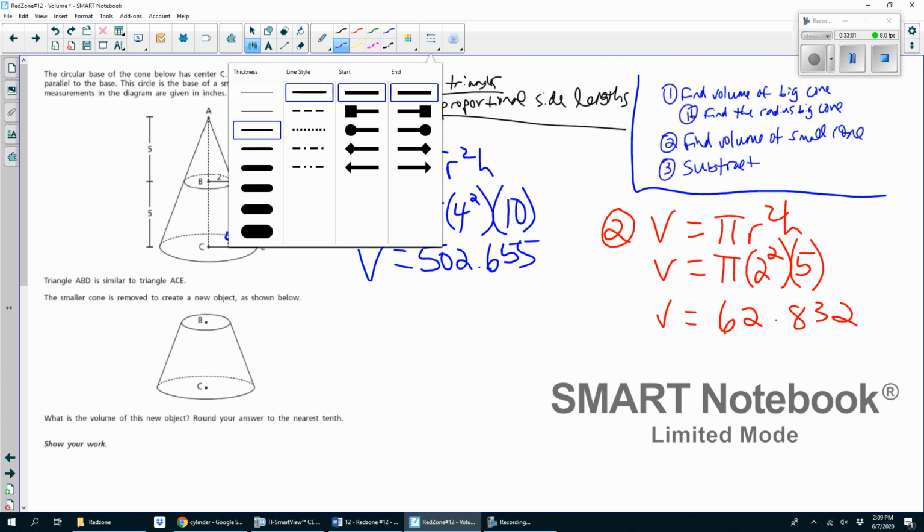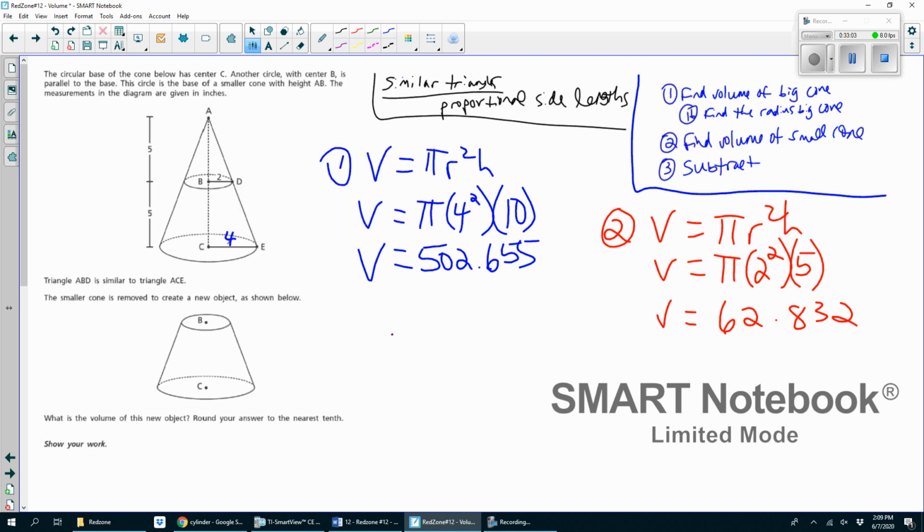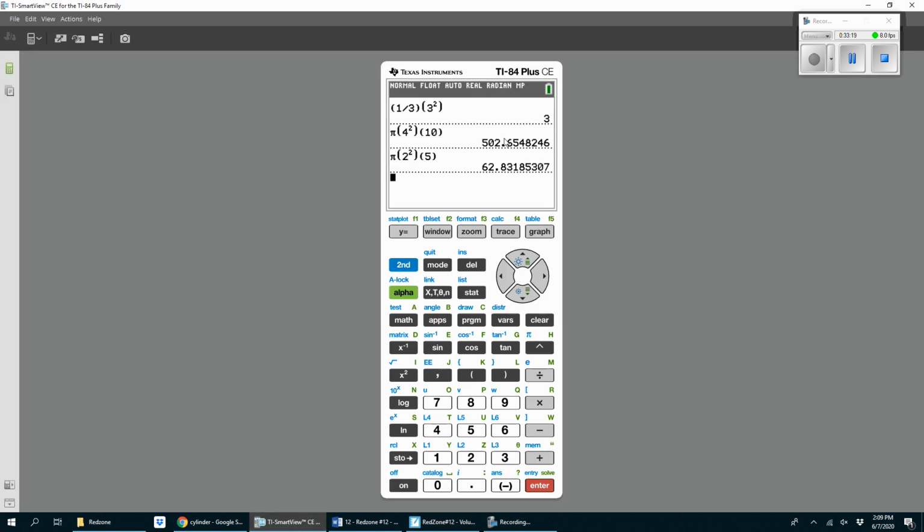And the third step here is to subtract. 502.655 minus 62.832. A lot of you like to jam the clear button or the memory clear button on your calculator super fast. But this is why it's a good idea not to do that until you completely finish the problem, because now I can just go up to this number and use it again.